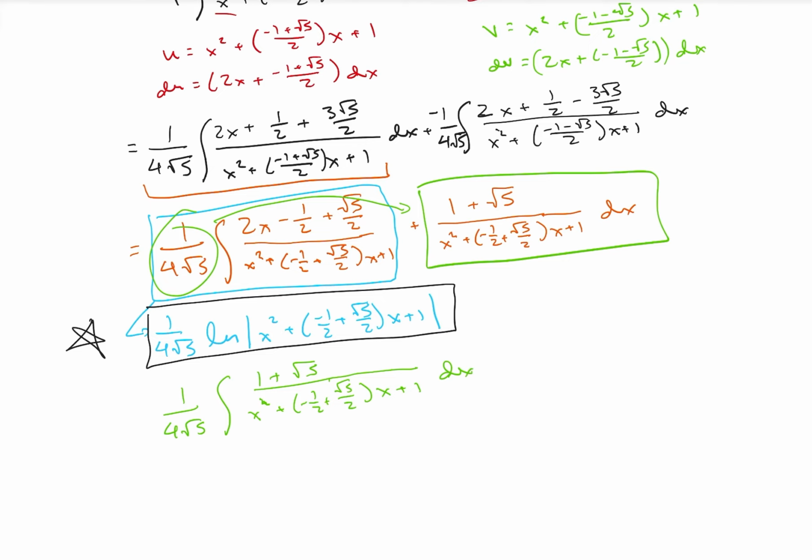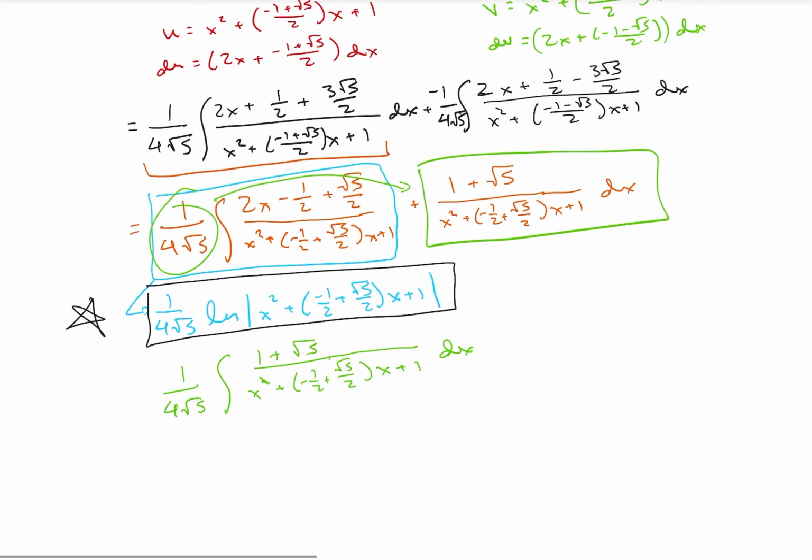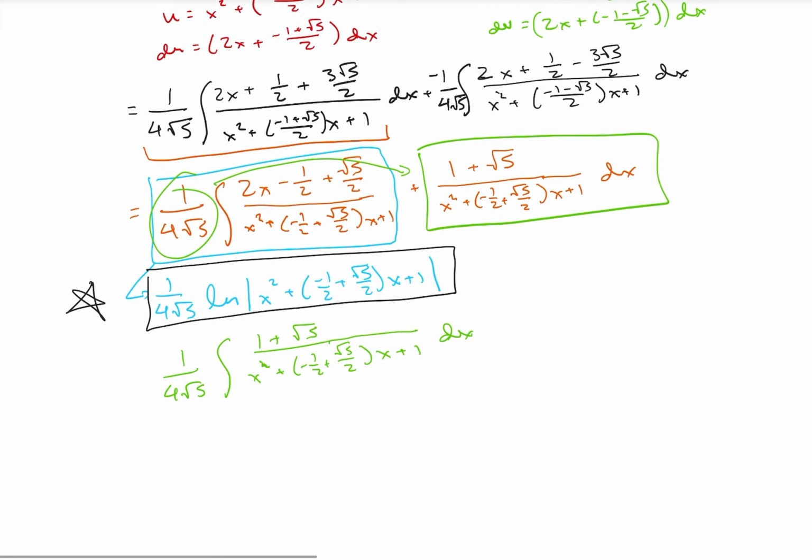So let's get this in the right format that we want. Let's fix that denominator. If we fix the denominator, we're going to get 1 over 4 root 5 times the integral. And in the bottom, I'm going to want x plus (-1 plus root 5)/4, that whole quantity squared.